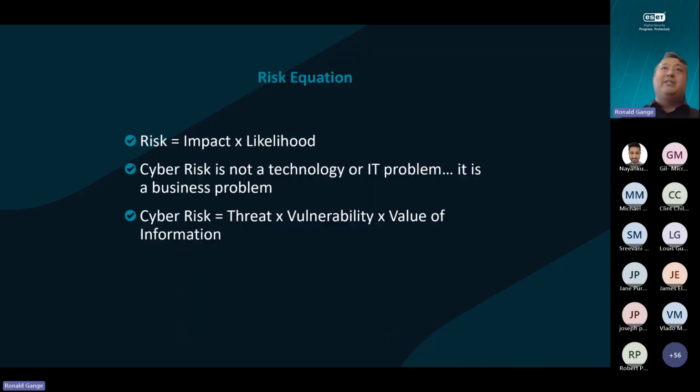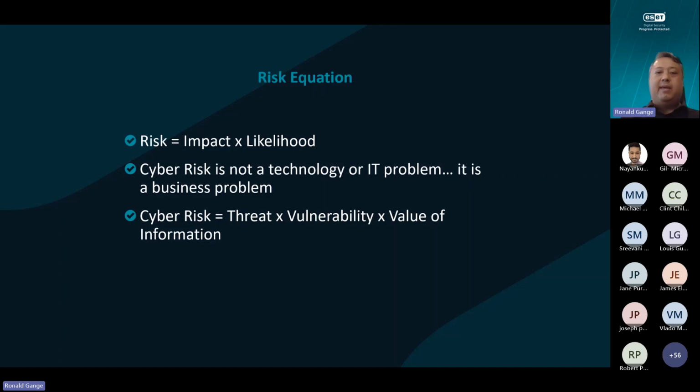Okay, and so the risk equation, maybe many of you have seen this in different ways in the past, but risk equals the impact times likelihood. I'm being repetitive here, but cyber risk is about a business problem and it usually translates into dollars. So it means that this risk needs to be financially quantified. So cyber risk equals the threat times the vulnerability times the value of information.